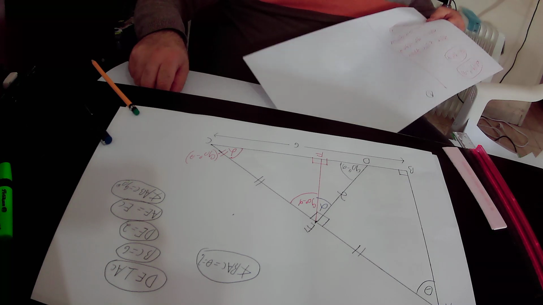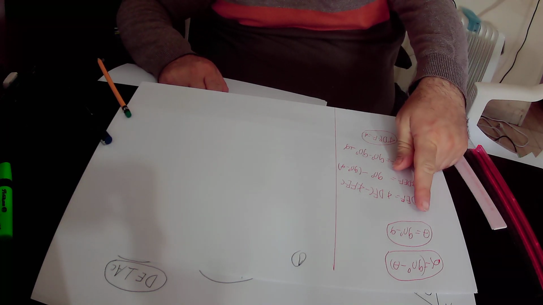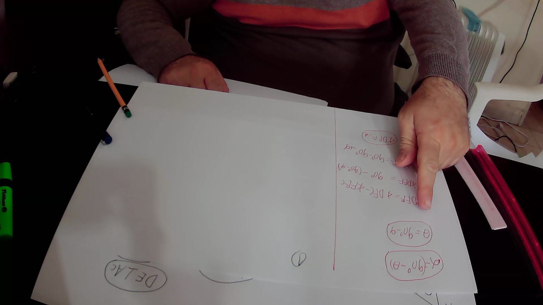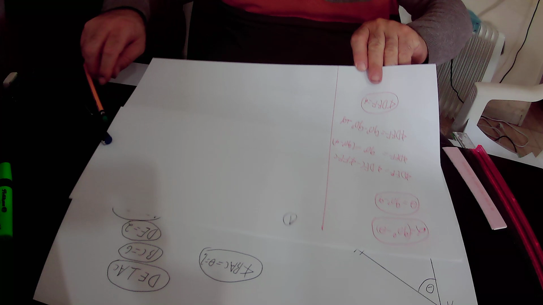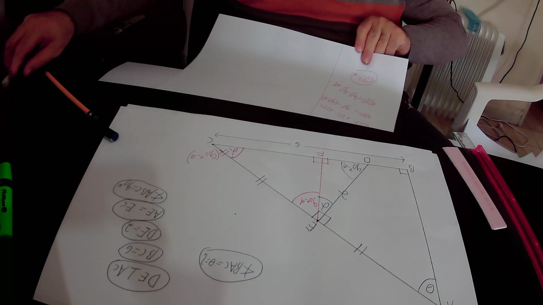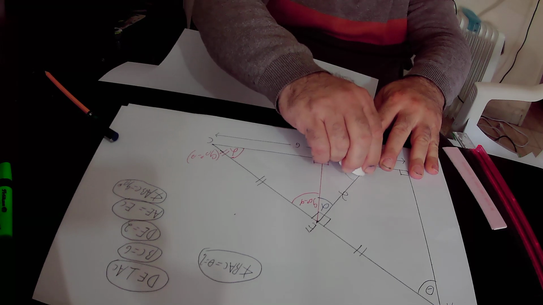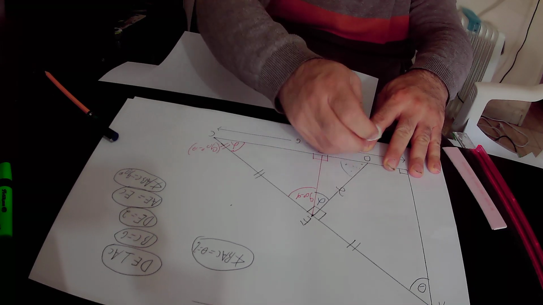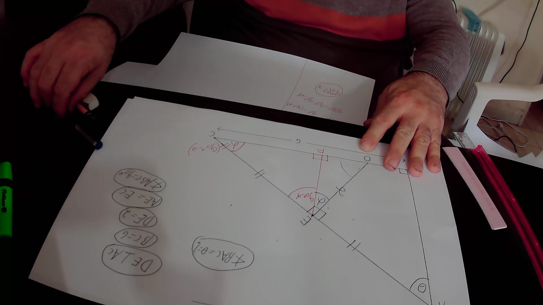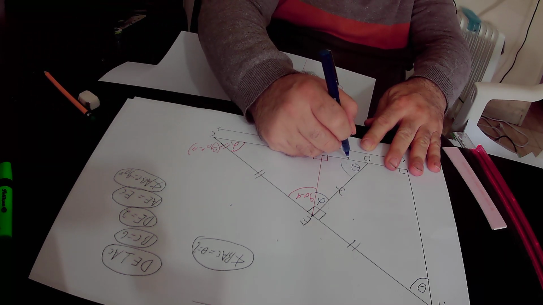But because 90 degrees minus alpha equals theta, we can substitute 90 degrees minus alpha by theta. We'll do it now. We'll substitute this angle, 90 degrees minus alpha, by theta. And this angle equals theta.